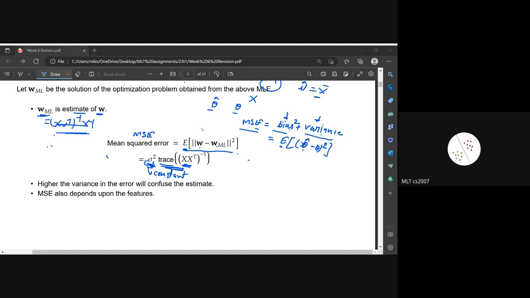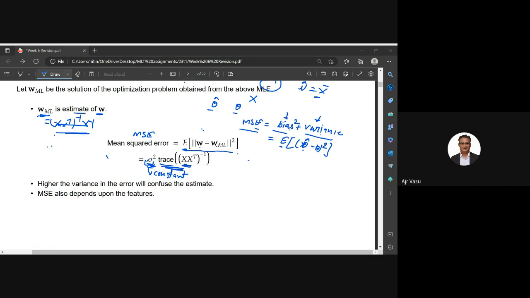Because we don't know what W is, that's why we are estimating it, right? If we had W itself, then why would we estimate it? As Vasu sir explained, if we collect this set of data multiple number of times, and for each data set we calculate this WML and take the average, the larger the number of times we repeat the experiment, the closer it gets. It could be the same data set.